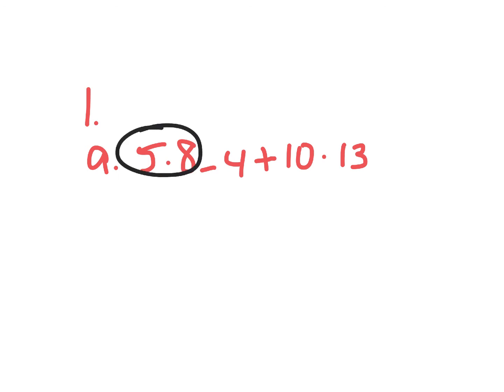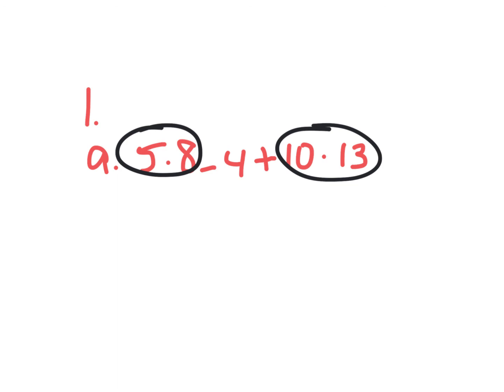Yes. So we find all, and this is higher level, all multiplies and divides are tied with each other. So people that know about the left to right thing, that's only if things are tied. Now these are both multiplies, so it makes it really easy. But if there had been a multiply and a divide, some people think multiplies always go first. Nope.